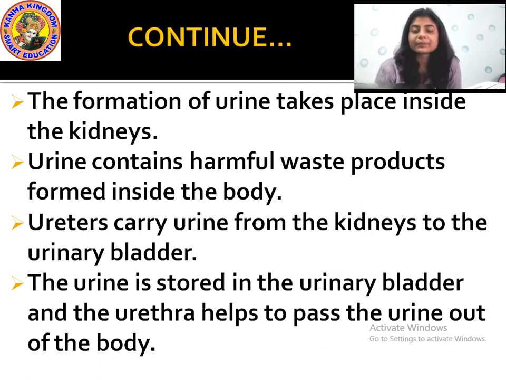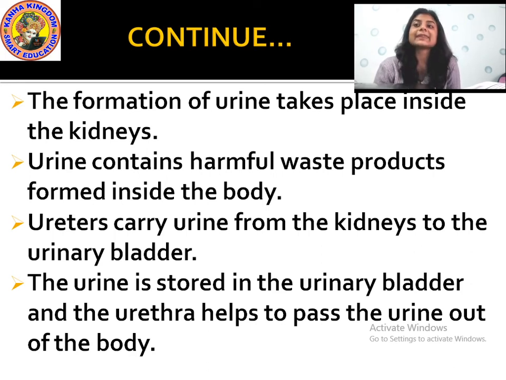Then the excretory system. The excretory system is the organ system which helps to get rid of the waste products formed inside our body, and the process by which the waste product is excreted from our body is called excretion. Excretion is the process by which the waste formed in our body gets removed from our body.